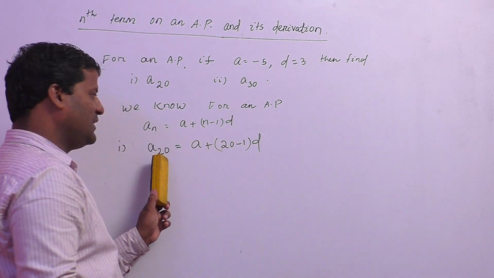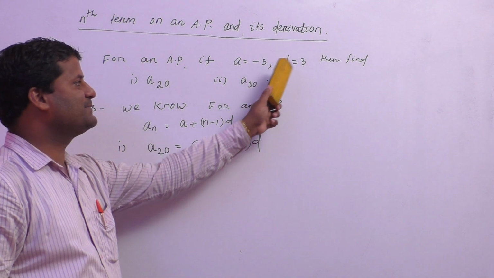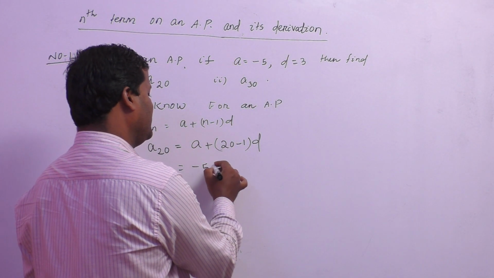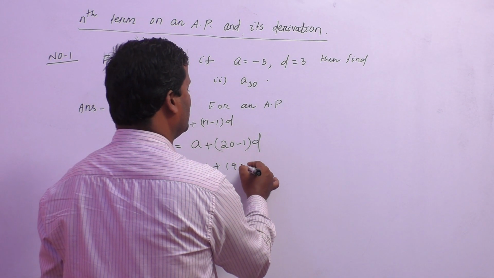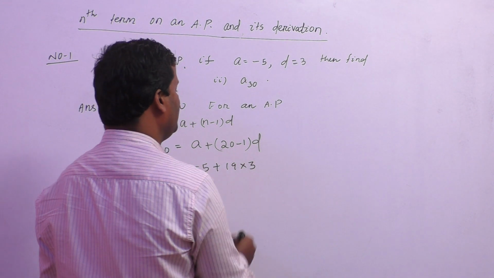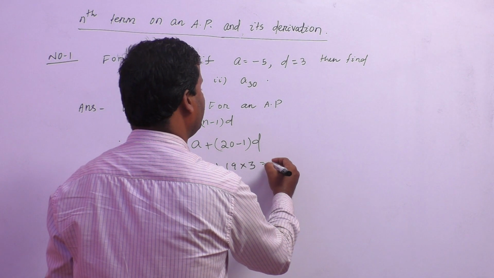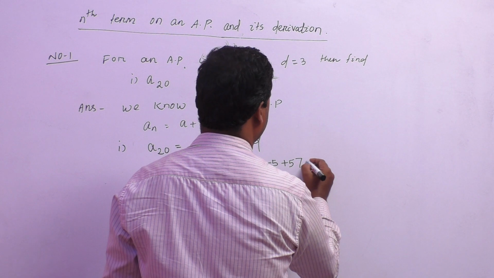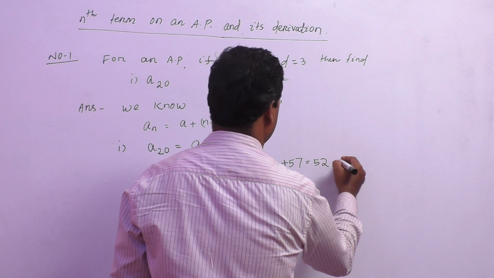Here n is 20, a is minus 5, d is 3. So that is equal to minus 5 plus 19 into 3, which is minus 5 plus 57. That is equal to 52.